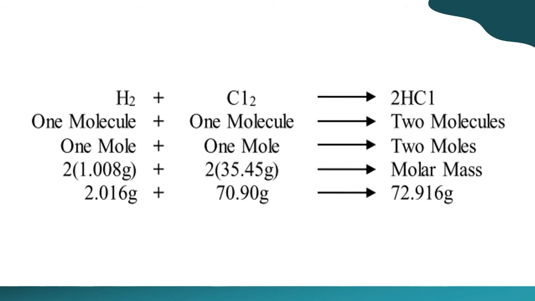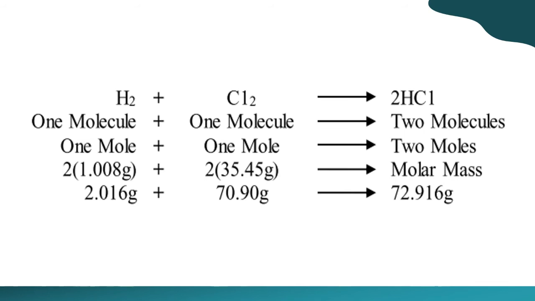Now, kung kukunin nyo po yung molar mass nun, ganito po makuha nyo. So, 2 times 1.008 grams plus 2 times 35.45 grams. Pero kapag hydrogen chloride naman po, dahil 2 moles, makuha nyo po dyan ay 72.91. Dito naman po, ang makuha nyo dyan ay 2.016, then dun sa mga kabila, 2 times 35.45, you will get 70.90.